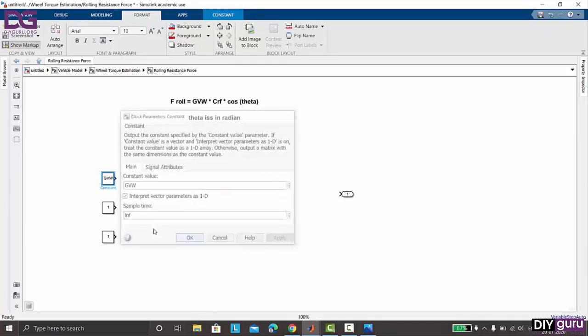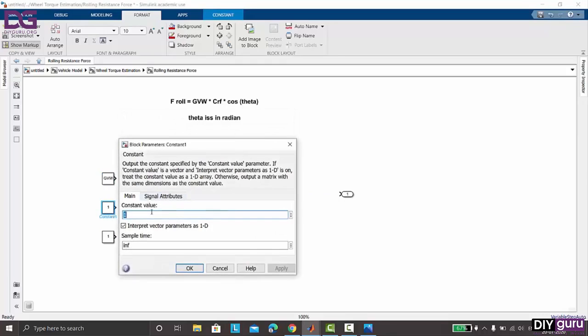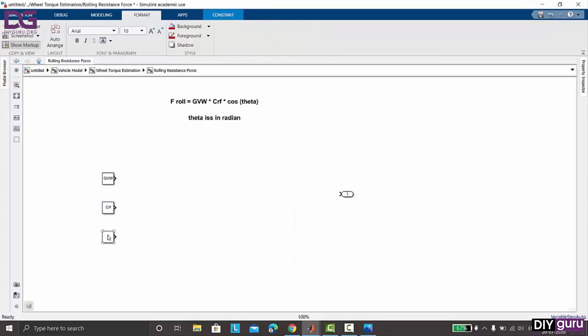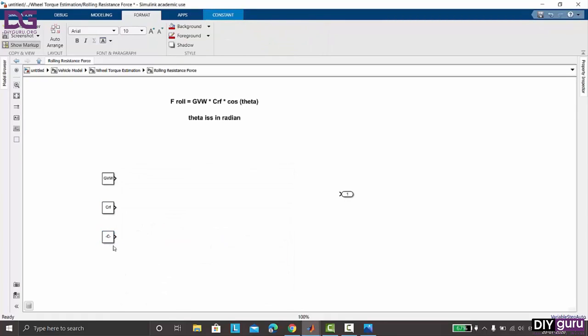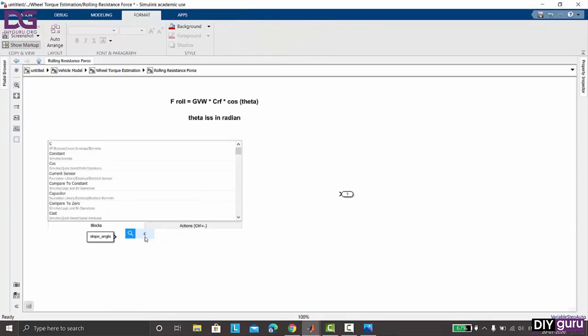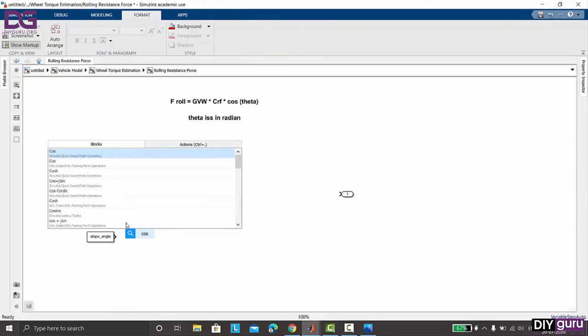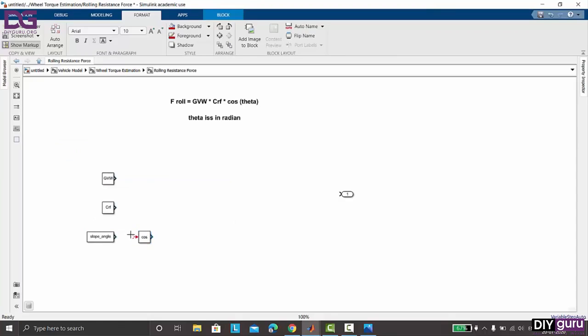First one is GVW, second is CRF, the coefficient of rolling resistance. Insert the cos block for cos theta, and for the product block give the number of inputs as 3.